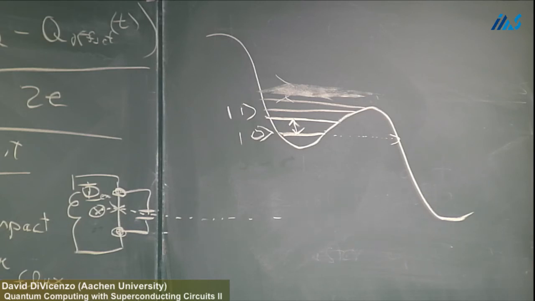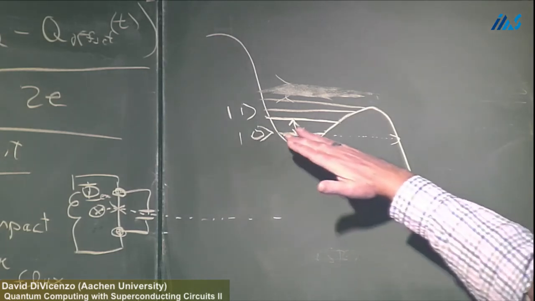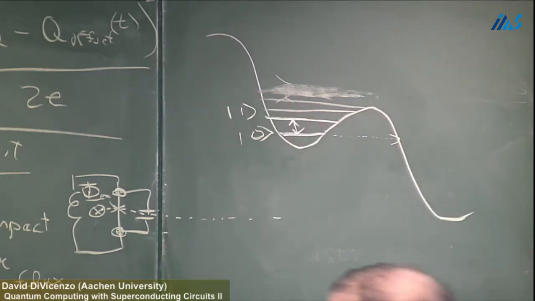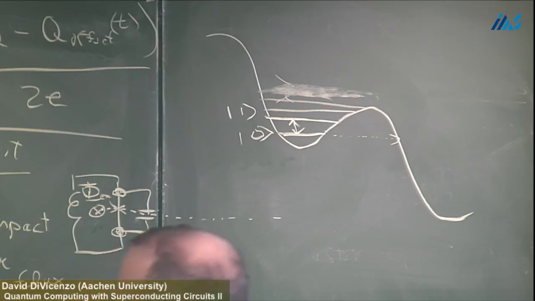And I wanted to sketch that, because I've sketched this as if it's a little piece of this potential, but originally it was thought of as, let's see if I can... But what about this chance of tunneling? Can I see it as a disadvantage?